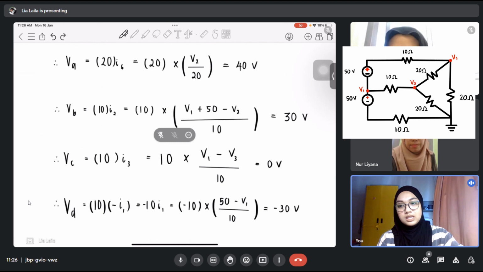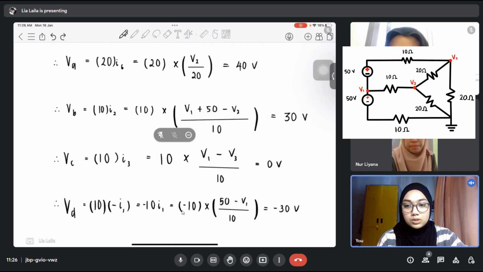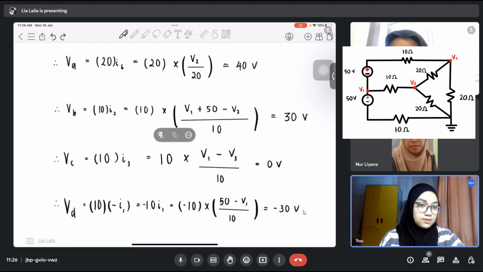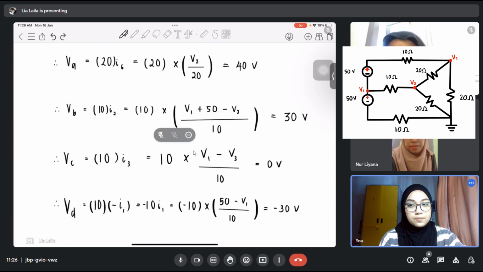And for the last one is VD, negative 10 multiplied by (50 minus V1) over 10, we will get negative 30. So this is the final answer for this question.